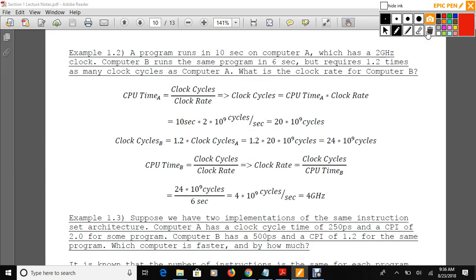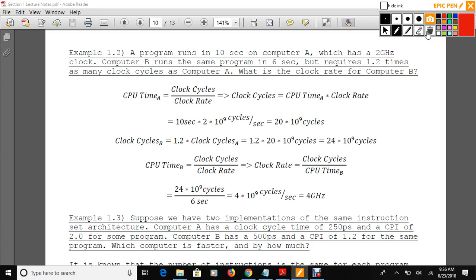Because we're trying to find cycles, right? So what do we know about computer A? Trying to lay out everything, right? We know about computer A, we know the clock rate, it's 2 gigahertz, and we know the amount of time it's taking. And we also know that computer B runs the program in 6 seconds, so we also know the execution time. So it requires 1.2 times as many clock cycles. Okay?